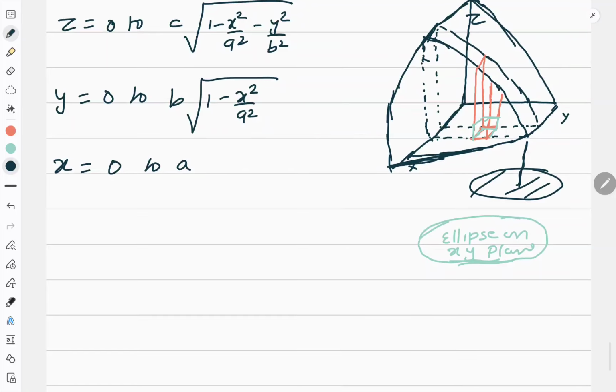Now let us try to integrate it. Obviously, since the z limit is variable, I will first integrate with respect to z.